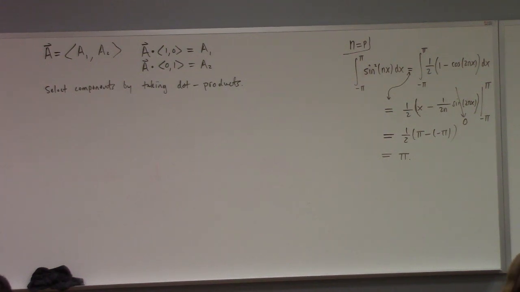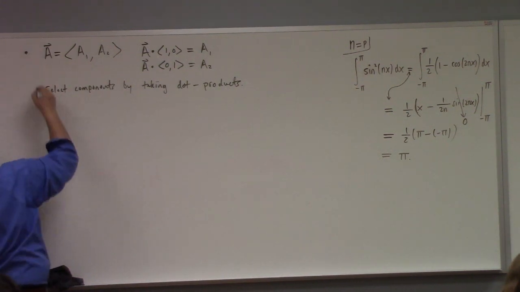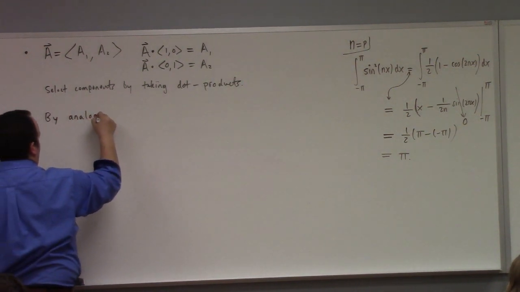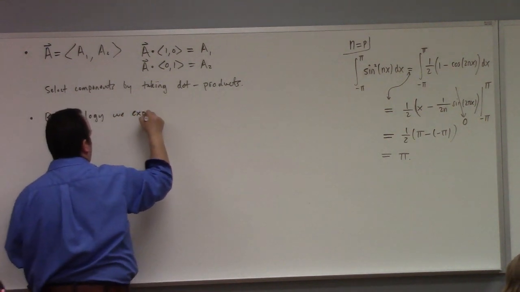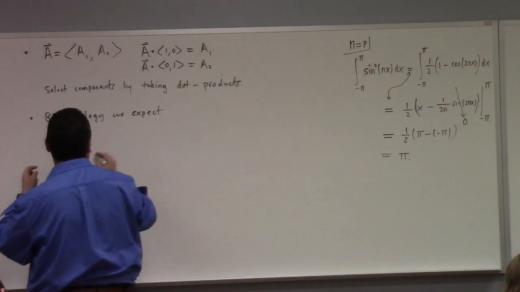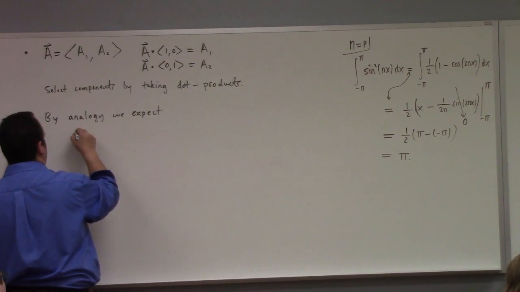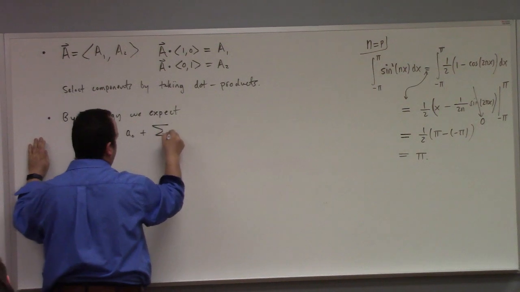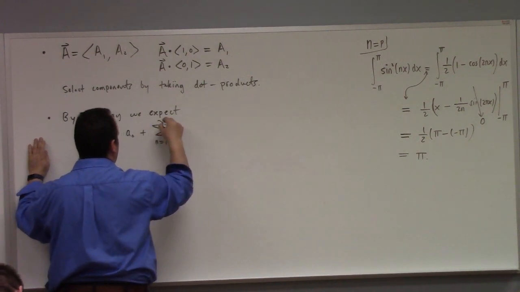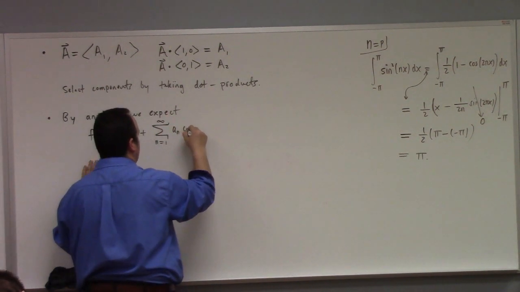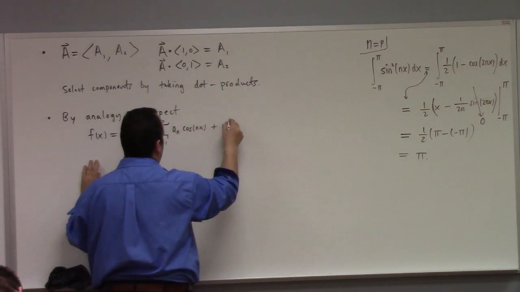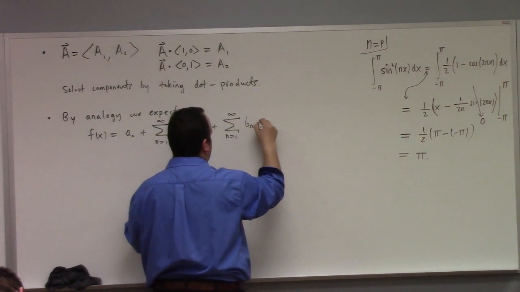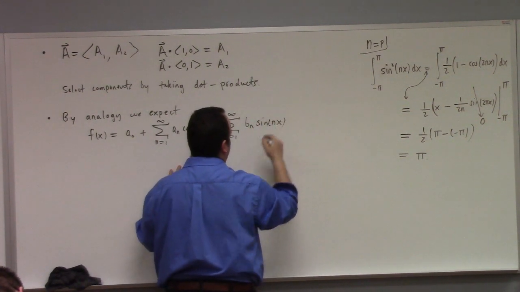That's the idea here. So this is a bit of a jump, but we expect f of x equal to a sub 0 over 2 plus the sum from n equals 1 to infinity of a n cosine nx, and I'll break up the sum, plus b n sine of nx, right?